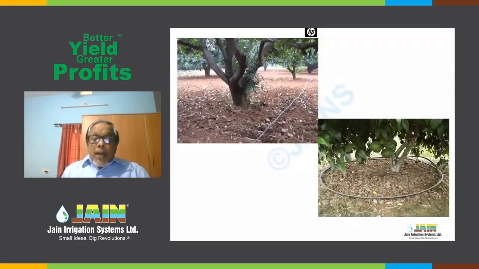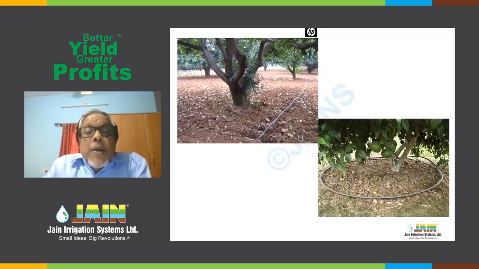Now I'm coming to a slightly different topic. Even for tree crops, there is a limit of drip line we can use for irrigating successfully without any stress. This is done in two places. For a large mango tree, which has a canopy spreading more than 10 meters, you can have two drip lines kept away from the tree trunk, so that's where the feeding roots are.